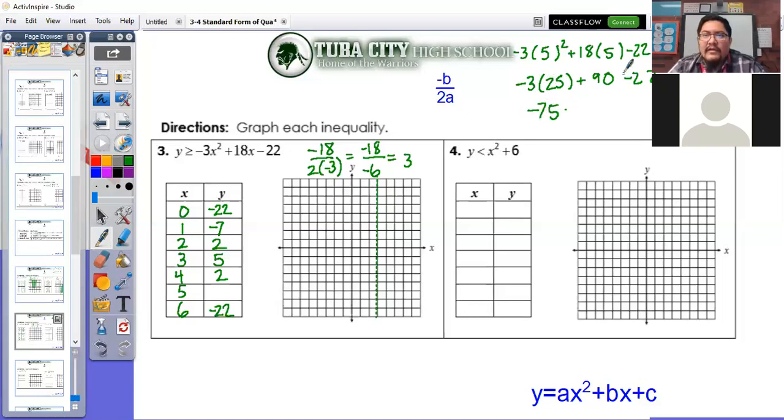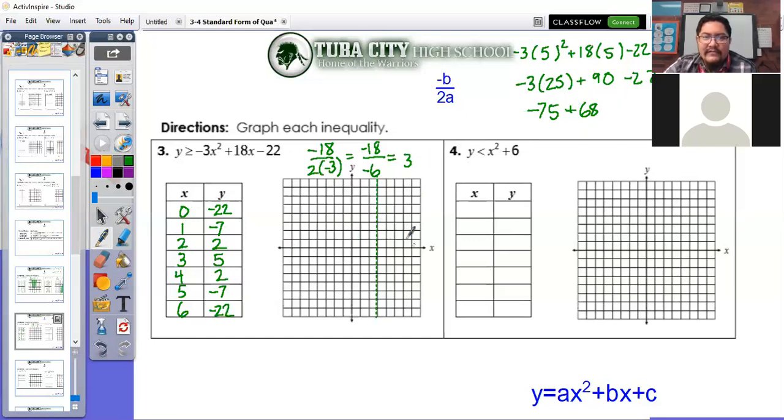And while I'm here, I'm going to go 90 minus 22, so that'd be 70 minus 2, which would be 68. And let's see, what do we got? A difference of 7, but it'd be minus 7. And again, that matches with what we have up here, so these two numbers should be the same. So that's probably right.